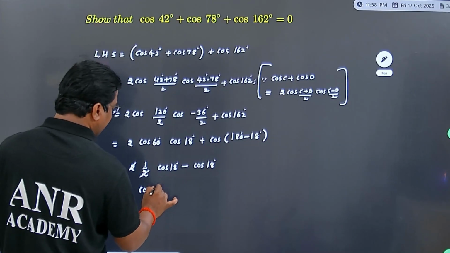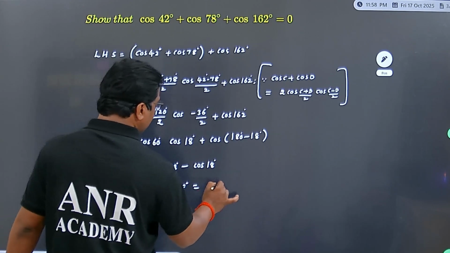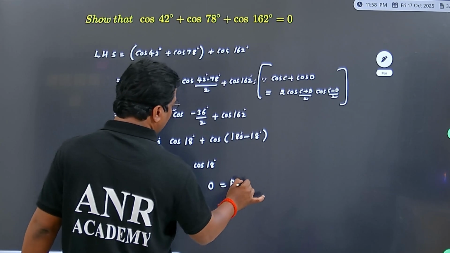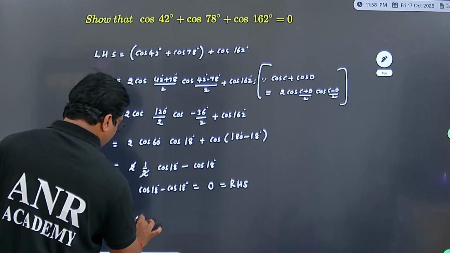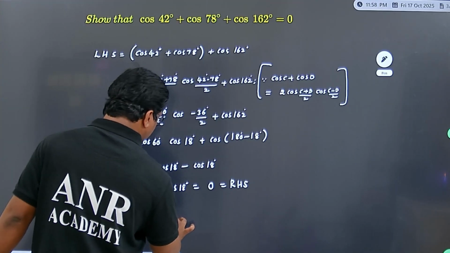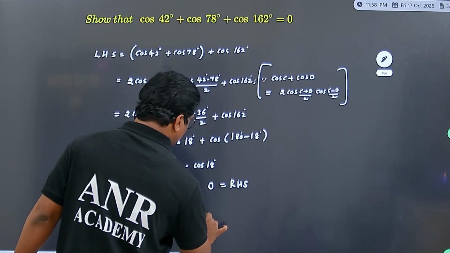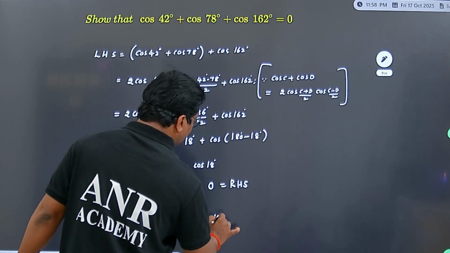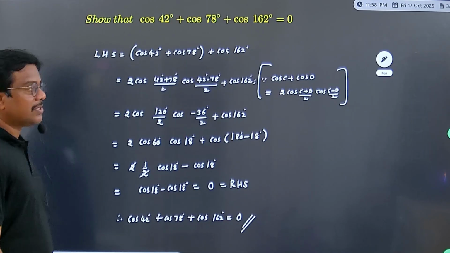Cos 18 degrees minus cos 18 degrees gives 0. This is your RHS. Therefore cos 42 degrees plus cos 78 degrees plus cos 162 degrees becomes 0. That is your answer.